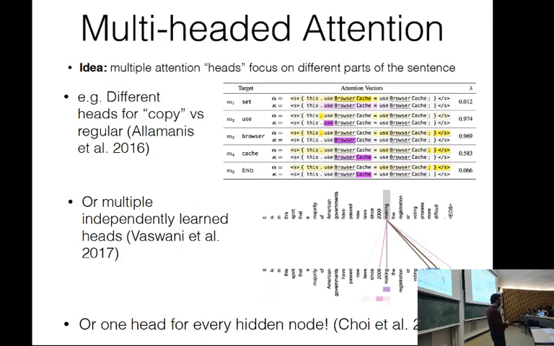You could, for example, in this recent work, encourage the heads to learn something different by having a loss function that penalizes the similarity across the outputs of heads. It almost sounds like MMR.